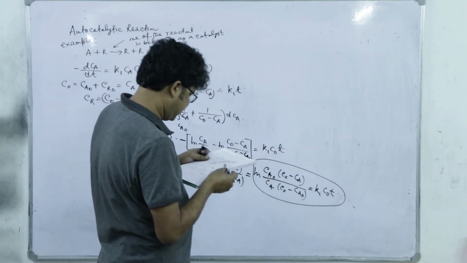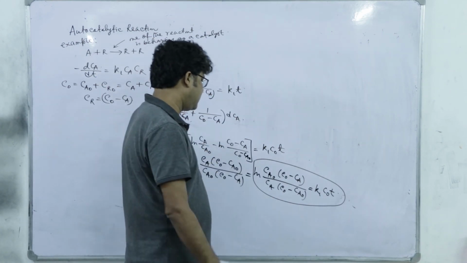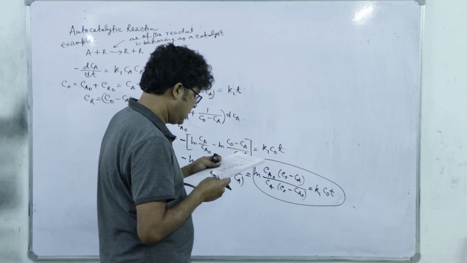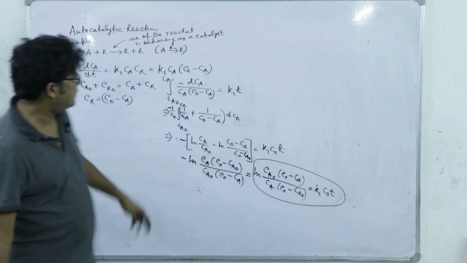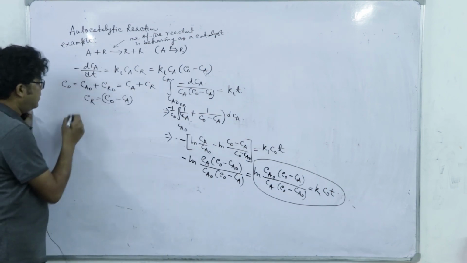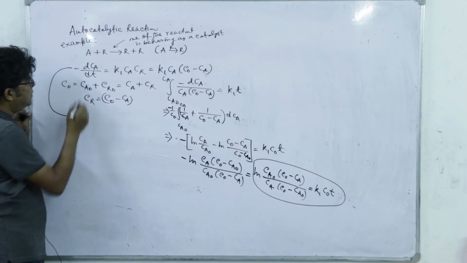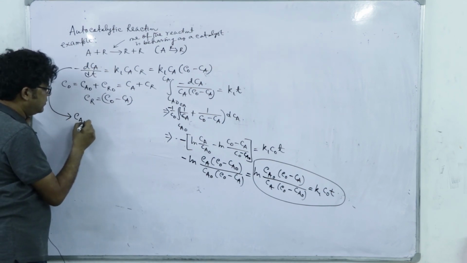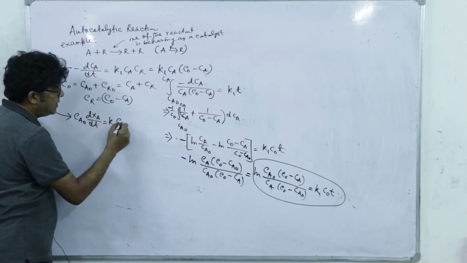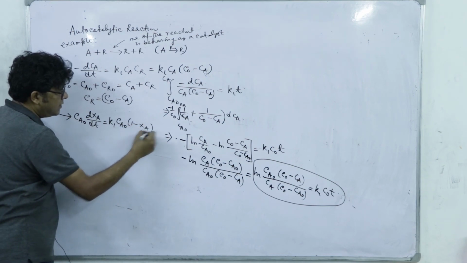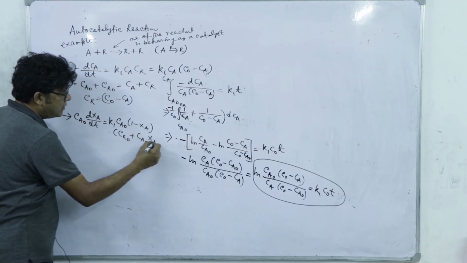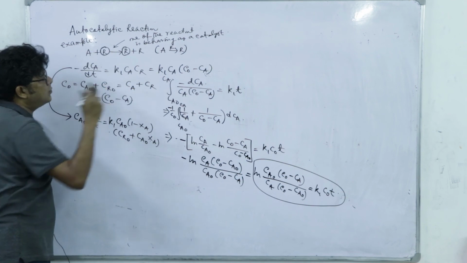So, if I plot this Ca versus T, right, it will be depleting, typically depleting. Now, if I go by an alternative approach, not by using this idea, but by going by this XA concept, so minus of dCA dt is equal to Ca naught into dXA dt, is equal to K1 into Ca naught constant volume 1 minus XA into Cr naught plus Ca naught into Xa, because this R is not being consumed, we may think.